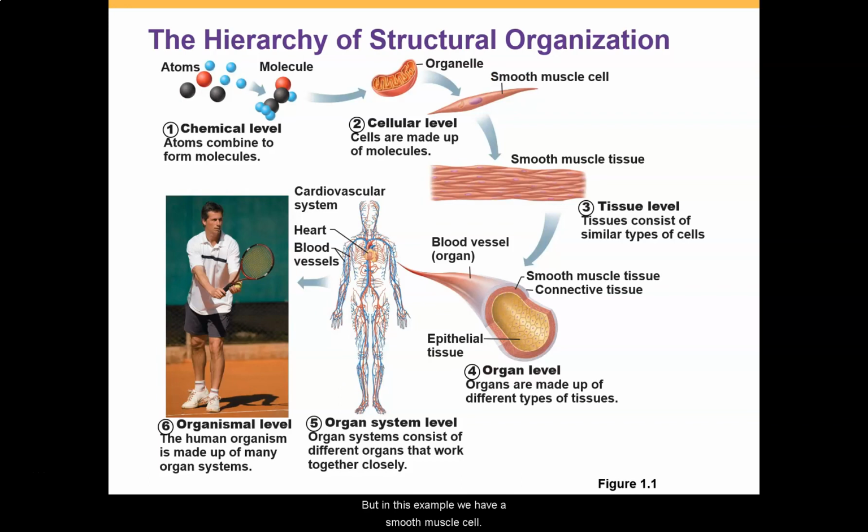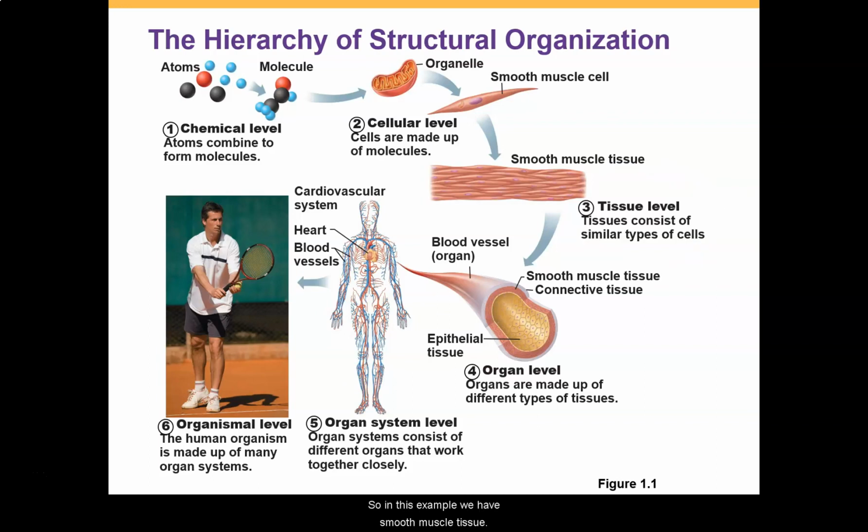But in this example, we have a smooth muscle cell. This is a type of muscle. We have 3 types of muscle, which we will explore here in a moment. Cells of similar function come together to give rise to the next level of organization, and this is the tissue level.